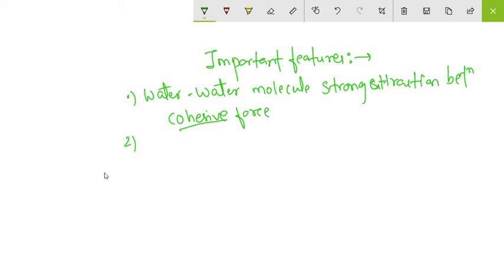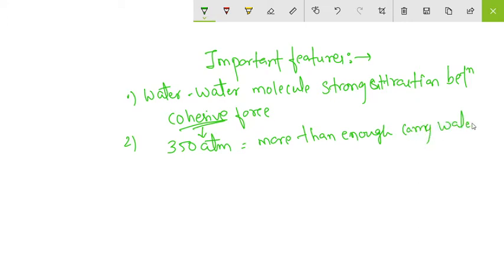The second feature of this theory: this cohesive force is about 350 atmospheres, and 350 atmospheres is more than enough to carry the water up to 200 meters.